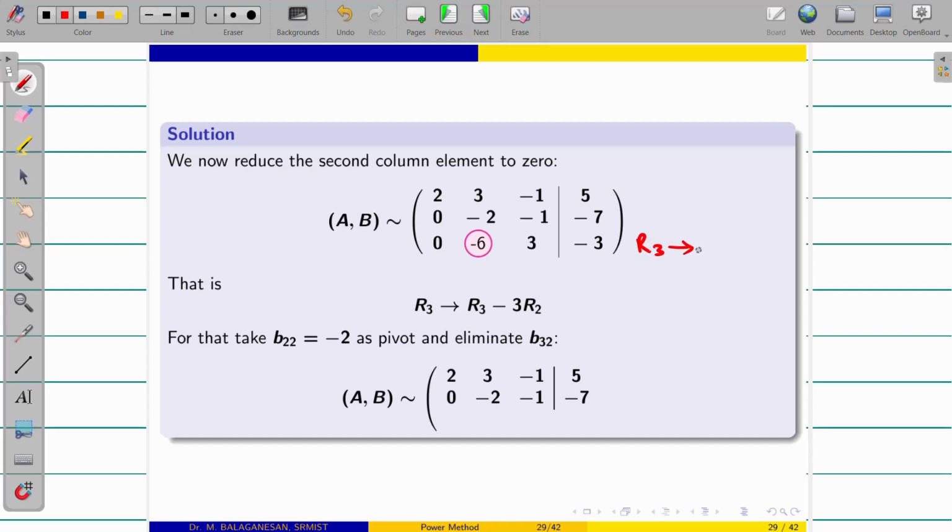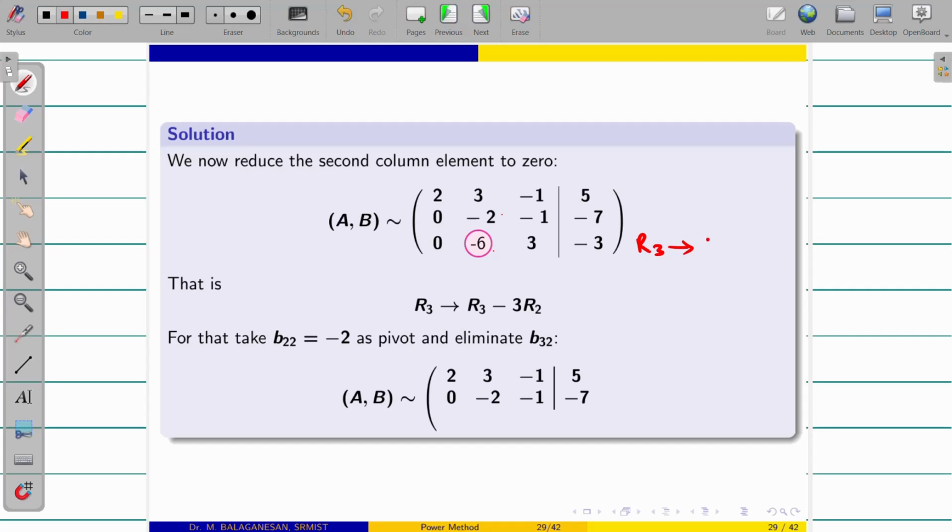R3. You can do it in two ways. You can multiply this by 6, this by 2, and subtract. Or here I have 6, so if you want to get 6 here, you can multiply by 3. In two ways you can do the multiplication. Clear?